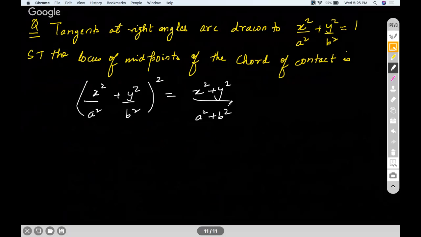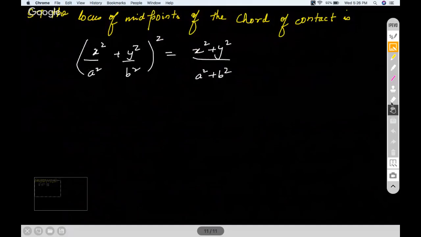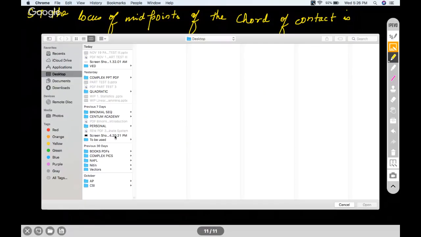Yeah, guys, any idea? If done, please type done. All right, so let's take the situation through a diagram.